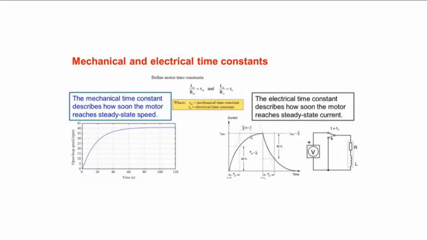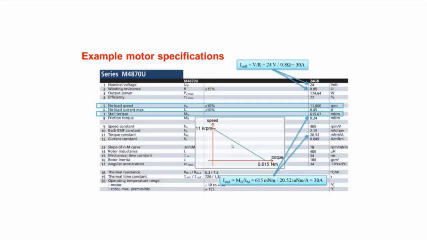Now, this is modeled here simply as a linear factor times the speed. So at zero speed, the back EMF is zero.